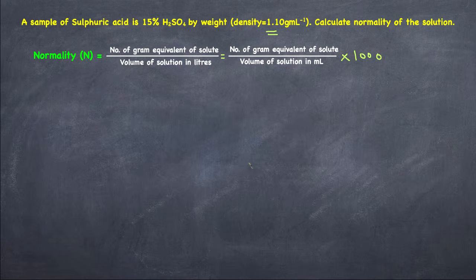So first thing here, we need to calculate the gram equivalent of solute and the volume of the solution. We need these two items to solve this numerical. Gram equivalent of solute we know is equal to mass of solute divided by equivalent mass.